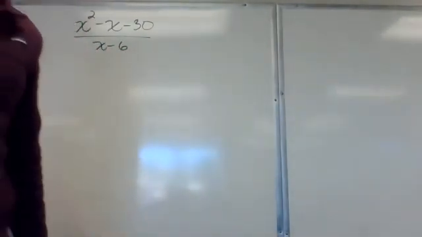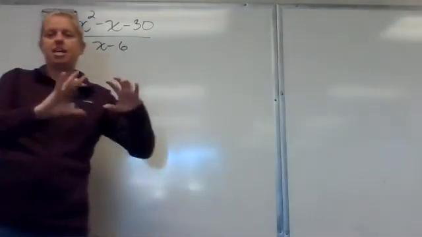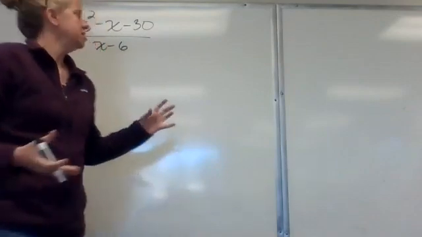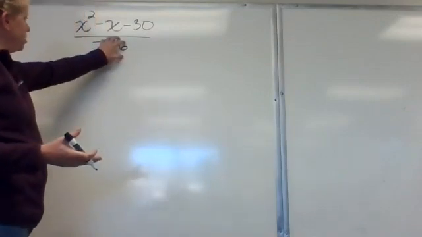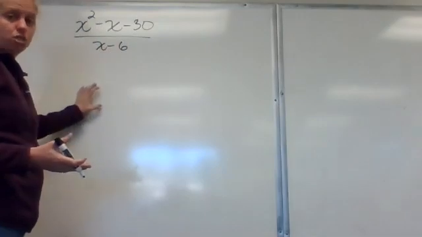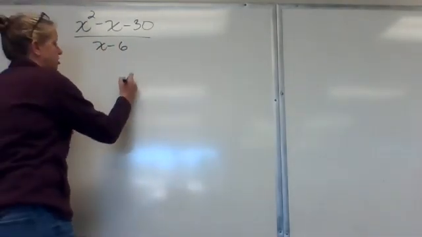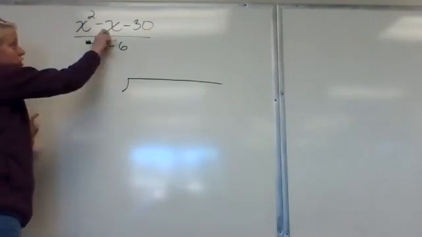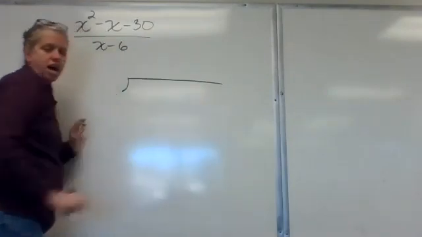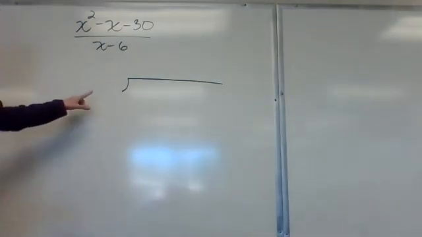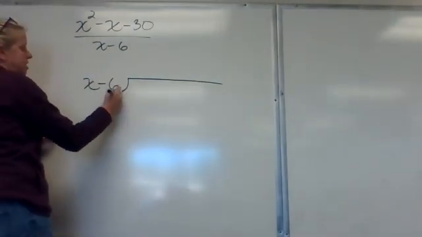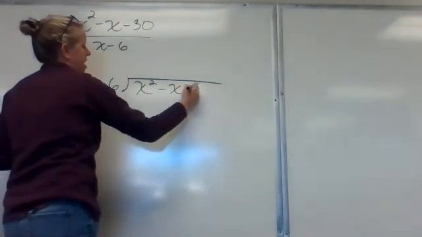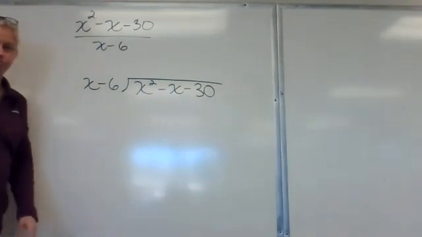The first thing I'm going to do is rewrite this in the long division format. Whatever is your denominator, that's what you're dividing by, so it comes out here. The numerator comes underneath the division symbol. So I have x minus 6 goes into x squared minus x minus 30.